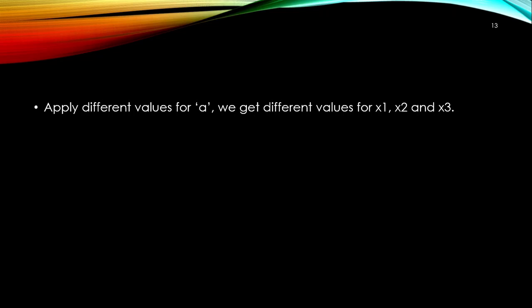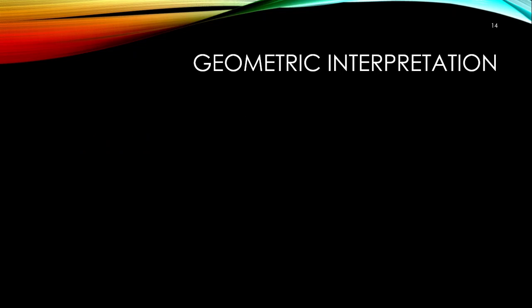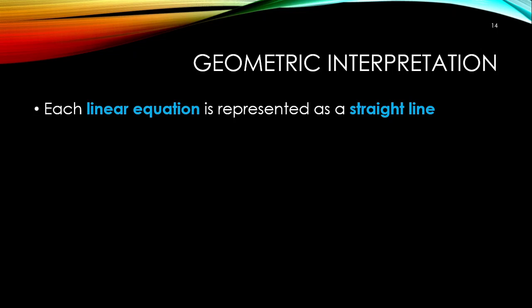Applying different values for a, we get different values for x1, x2 and x3, since a belongs to real numbers. Then, what is the geometric interpretation of these three kinds of solutions? We can consider each linear equation as representing a straight line.